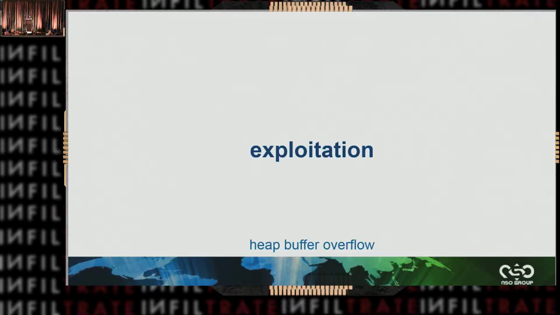For the purposes of this discussion, let's assume that you have discovered a zero-day heap buffer overflow in application X, and now it's time to exploit it. Modern exploitation is hard. As we've heard from previous talks, people are doing 11 bug chains to get from their initial remote all the way through to full system control. The Android system is one of the most heavily hardened platforms out there.